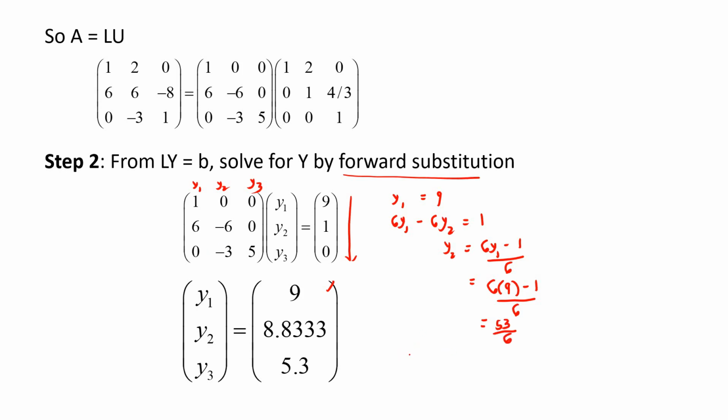Lastly, the third equation is negative 3y2 plus 5y3 equal 0. Calculate for y3.